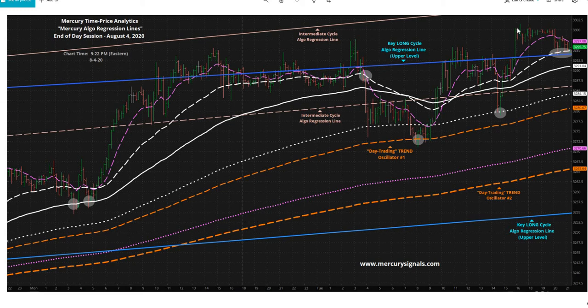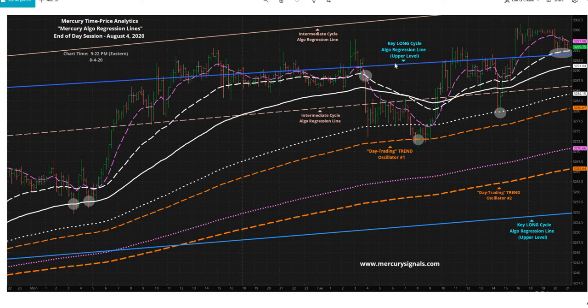But that's what creates the gravitational pull of the sun, which determines the orbit of the rest of the planets. And what I mean by that is this. Time is a magnet for price. Price continually gets pulled back by the, gravity is not the right term, magnetism. Price gets pulled back by the magnetism of time.